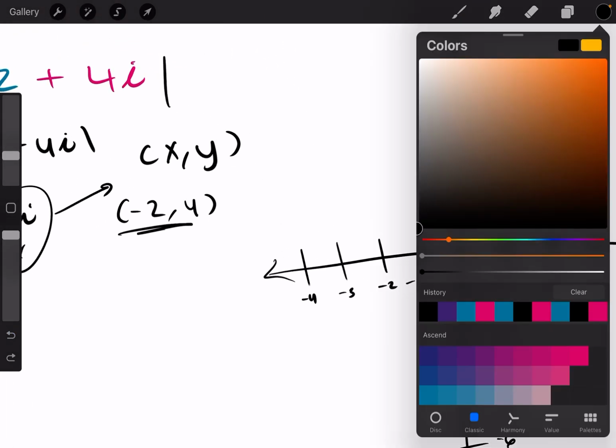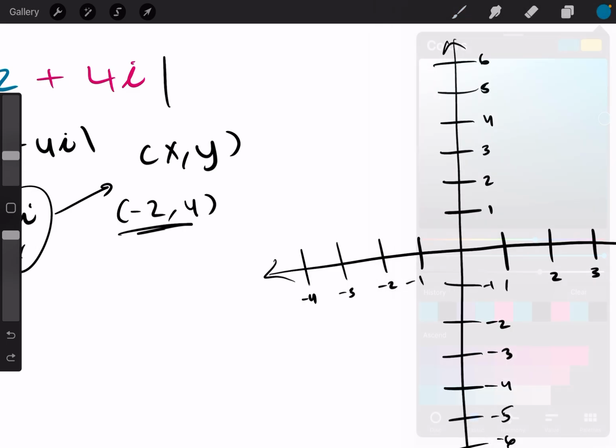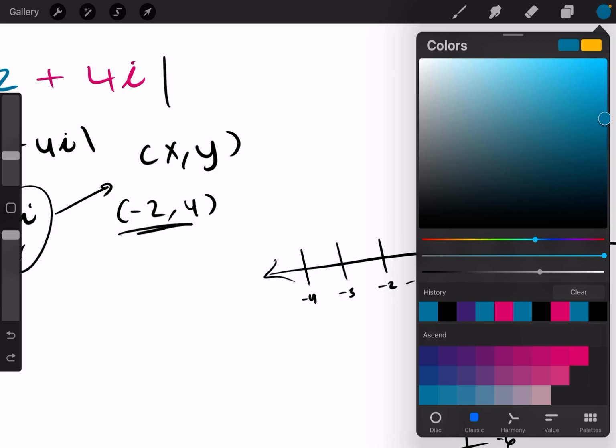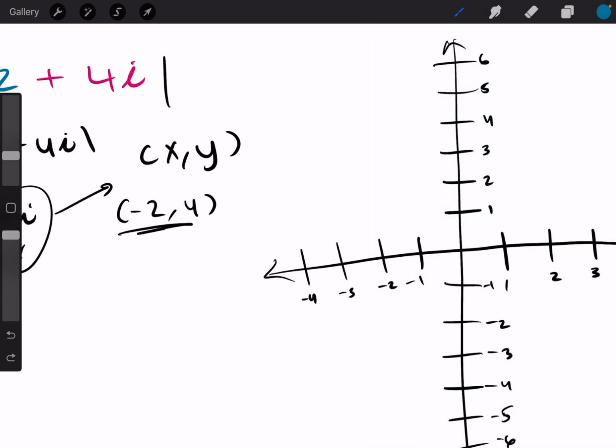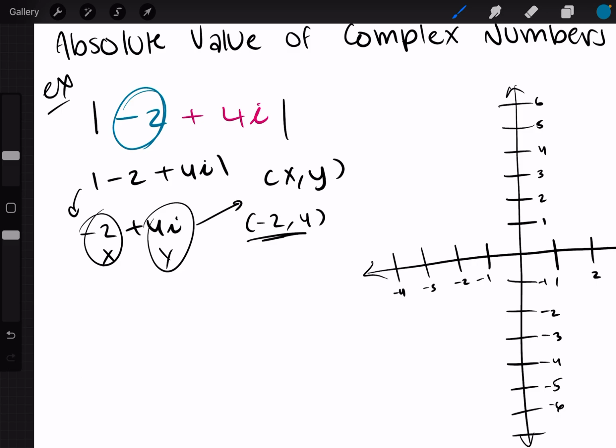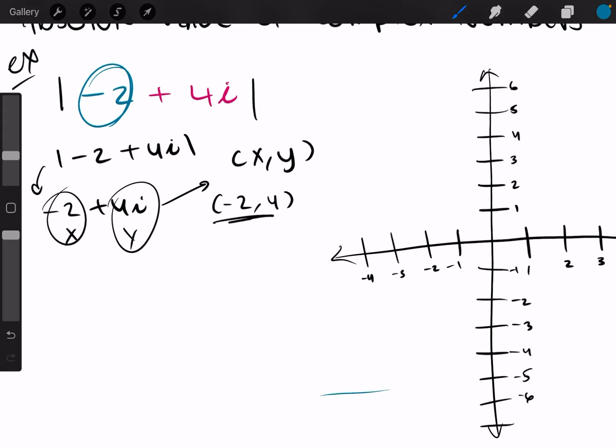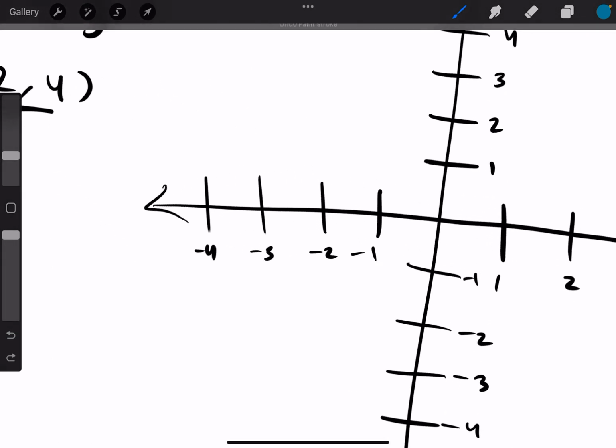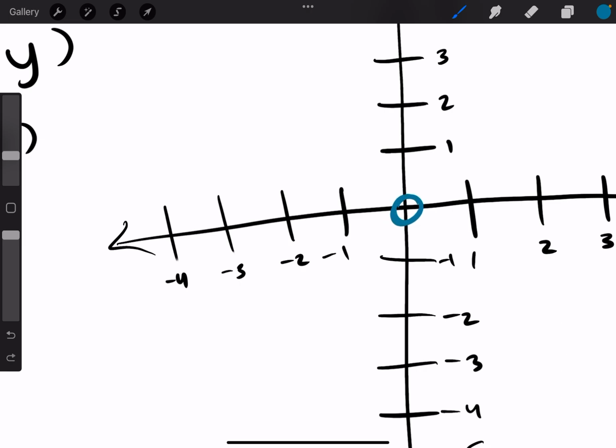In order to graph this, I'll be graphing it just normally. I think I made -2 blue, so I'm going to graph -2 on the graph. We're going to start at the origin, of course. Let's go -2, so we're going to go to the left twice here. And this is -2.